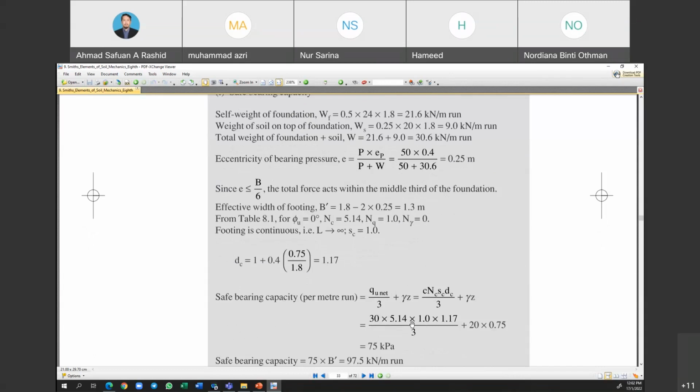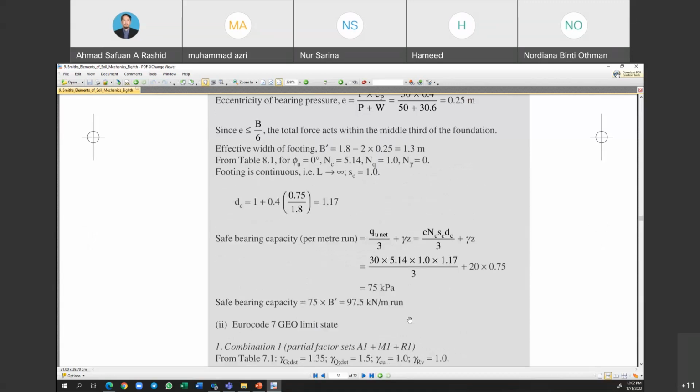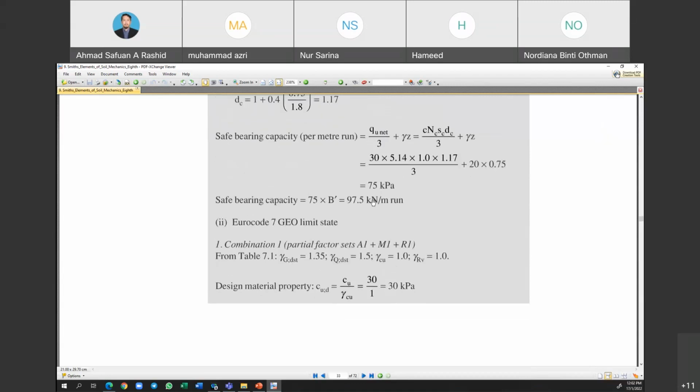Once we divide by 3, we get the safe bearing capacity equal to 75 kPa. So this 75 kPa should be multiplied with the B prime, okay, to get the actual bearing capacity due to the eccentric problems. So the value is 97.5, which means 75 times 1.3. Okay, so that is for the first example.